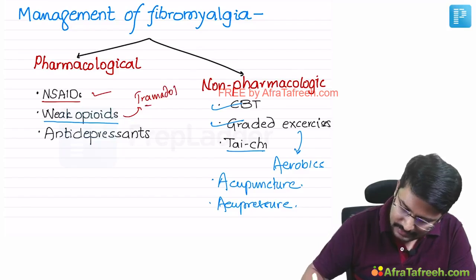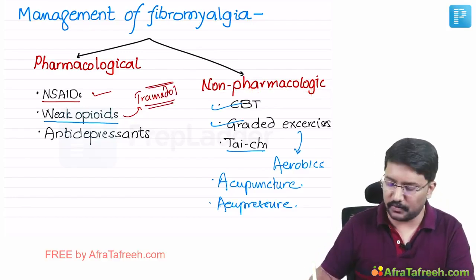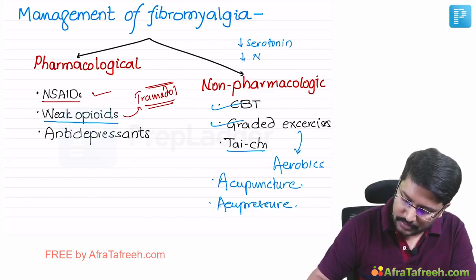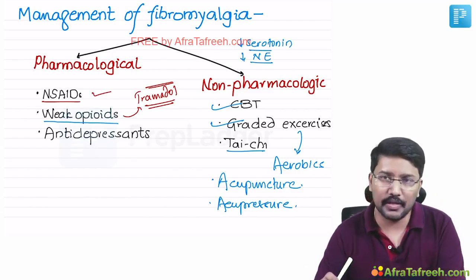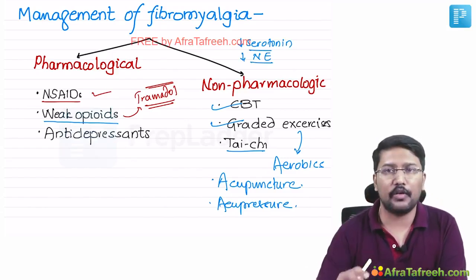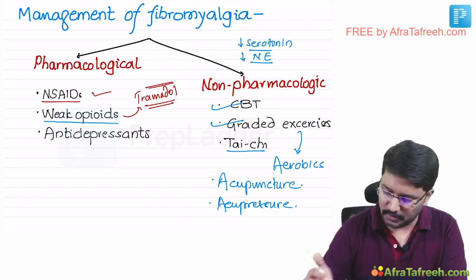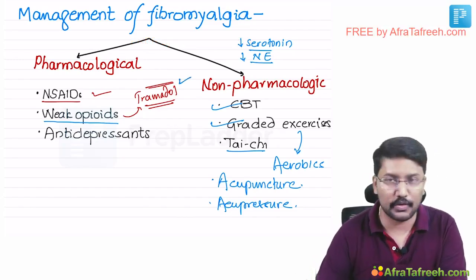When we were discussing the etiology, I did tell you that in the nociceptive pathways, there is decreased serotonin and norepinephrine. Tramadol, apart from being an opioid, also blocks the reuptake of serotonin and norepinephrine, and thus it is additionally beneficial. That is why there is a backing from the American College of Rheumatology for the use of tramadol.